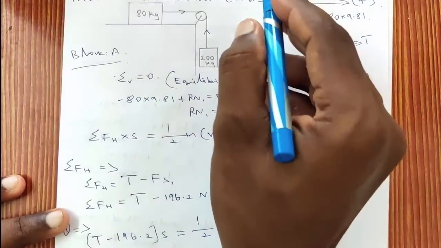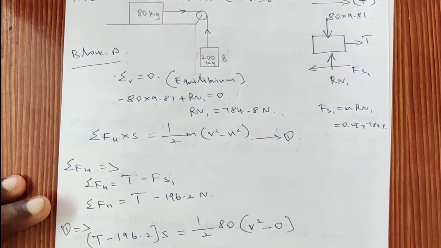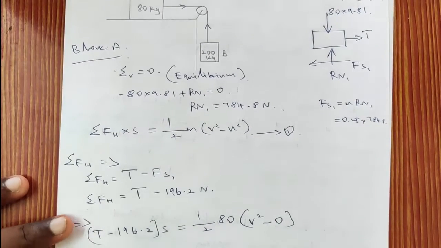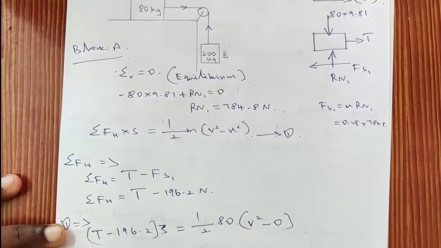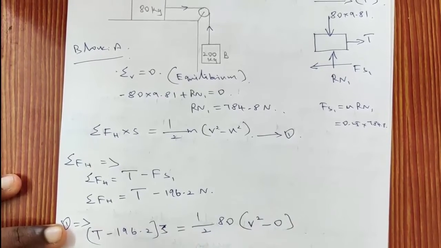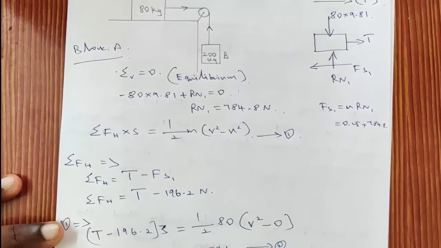Since the body is at rest at the initial state, the u is equal to 0. Okay, so now if you solve this equation, finally you will get 3T minus 40 v square is equal to 588.6. Keep this as equation number 2.